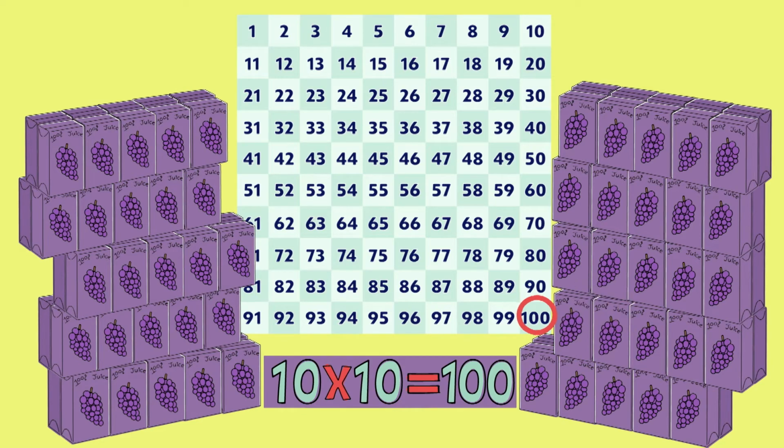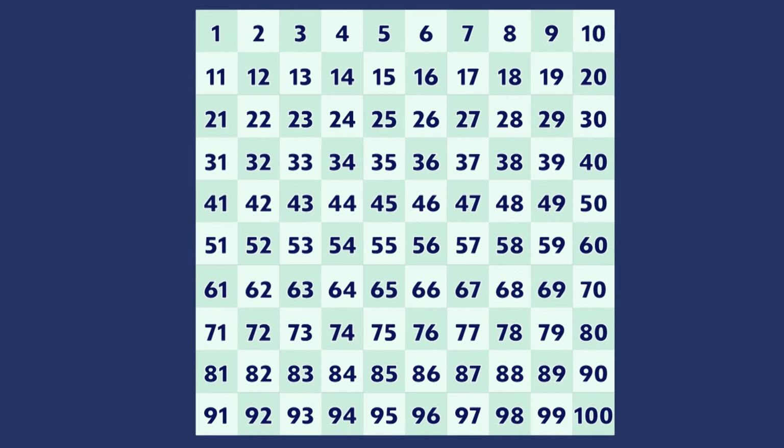Let's try multiples of a different factor. Let's try multiples of 5s on the hundreds board. Can you count with me? 5, 10, 15, 20, 25, 30, 35, 40, 45, 50. What do you notice about the multiples of 5s and 10s?